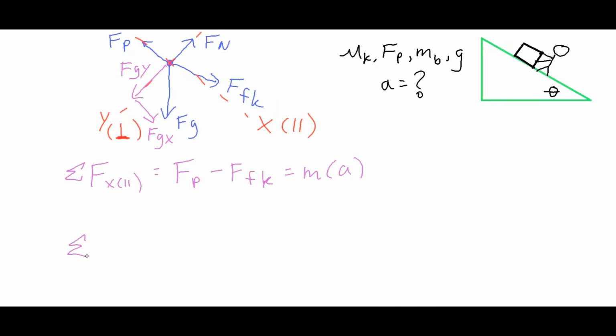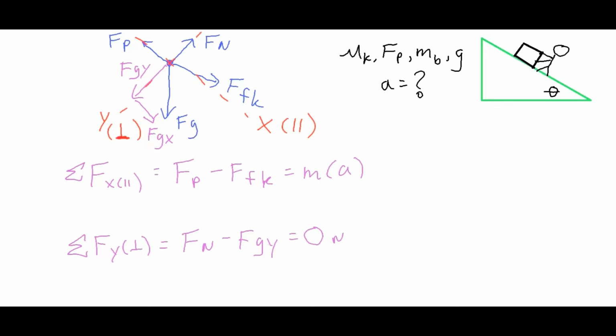And then we also have the sum of the forces in the y direction, also known as the perpendicular direction for this ramp. We have our Fn going upwards on the ramp, and then we have our Fgy going downwards on the ramp. And that one is going to be equal to m times a, but I know that's going to be 0 newtons, because there's no motion perpendicular to the ramp.